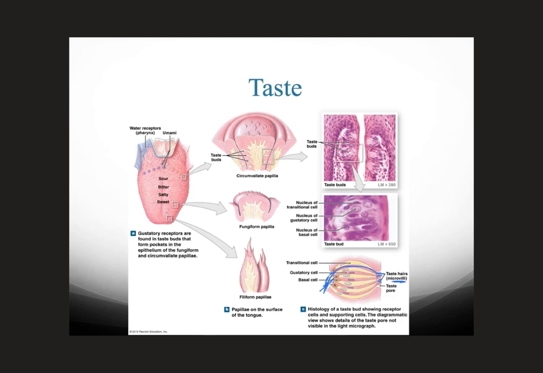One thing that I think is important to mention is that the amount of these sensations, so a sour taste or a bitter taste or salty or sweet, varies from person to person. So some individuals might be more sensitive to sweet, or some individuals might be more sensitive to sour.